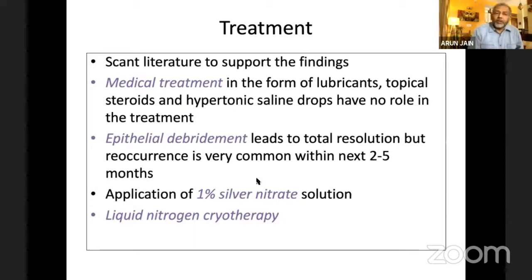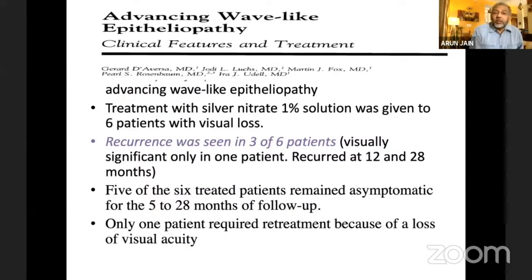Other treatment modalities described are application of 1% silver nitrate or liquid nitrogen therapy. But again, with liquid nitrogen or silver nitrate cautery, recurrence rates are to the tune of almost 50%, as shown in this study.